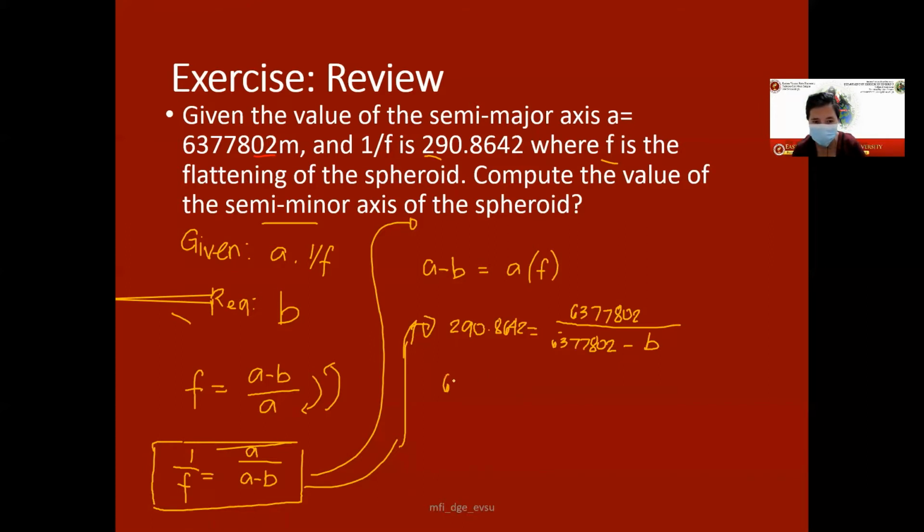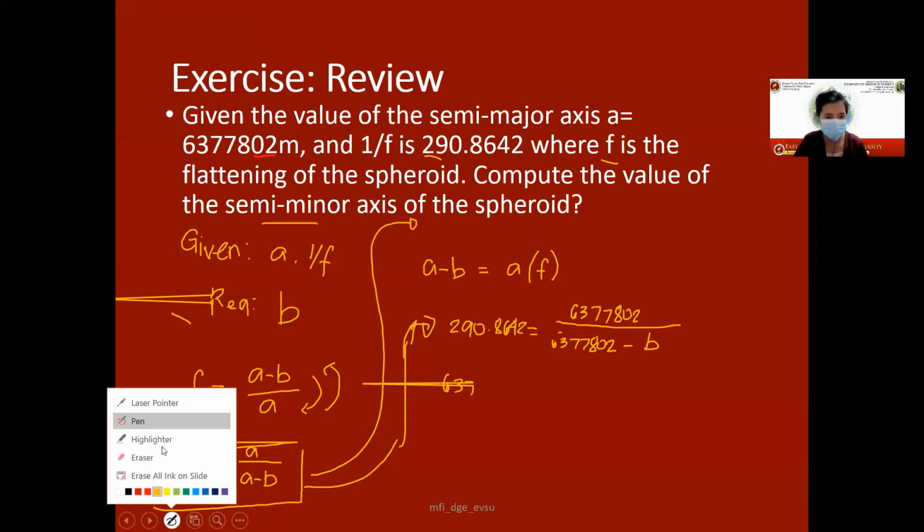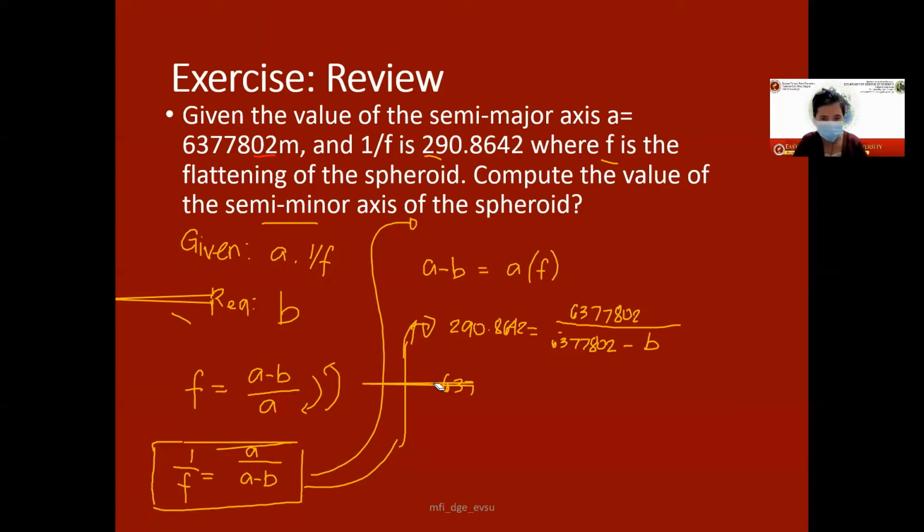That is, 6377802 minus B is equal to 6377802 all over 290.8642.